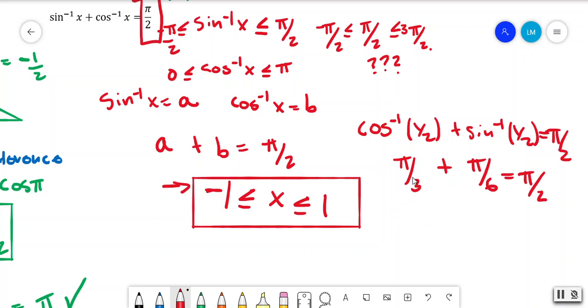Then you just need to combine like terms using common denominators, so you multiply this by 2 over 2, which gives you 3 pi over 6, which is actually equal to not pi over 6, but pi over 2. So that means you can choose any value in between for x, and you'll always get that it's going to equal pi over 2.